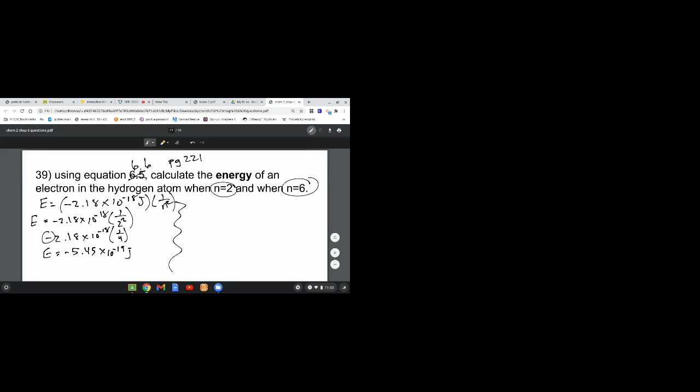Let's do n equals 6 now. Instead of having that 2 there, I'm going to have that 6 there instead. Negative 2.18 times 10 to the negative 18 joules, 1 over 6 squared, which is 1 over 36.